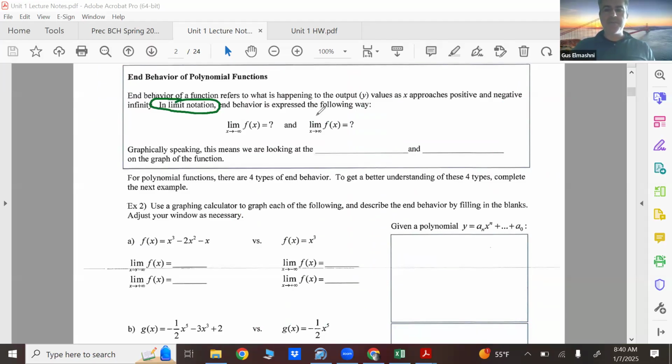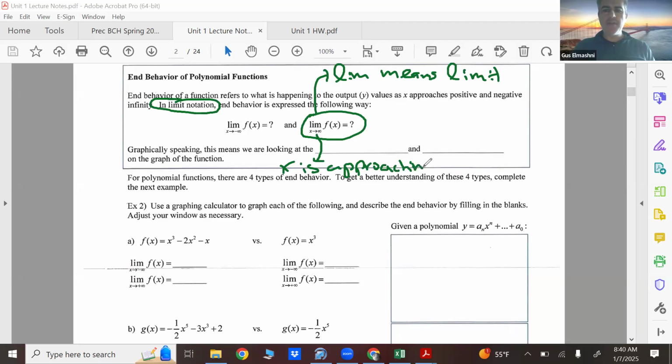So let me explain what this means. Let me break this down. LIM means limit. Here, this means x is approaching infinity. f of x is y.